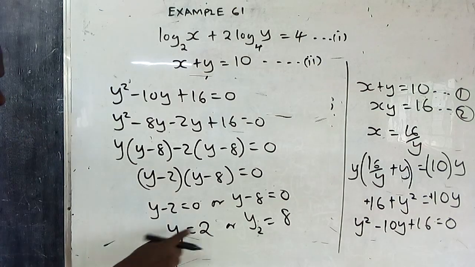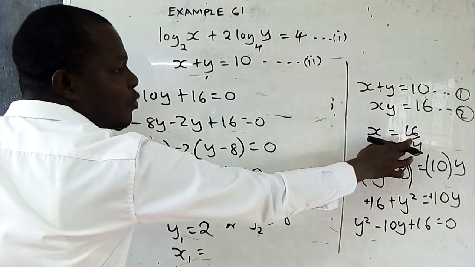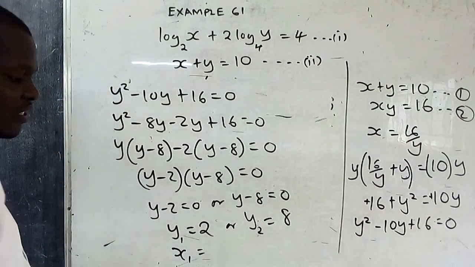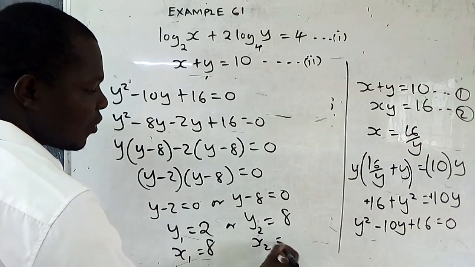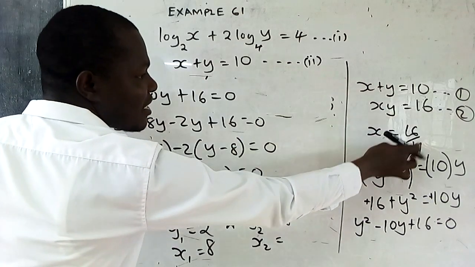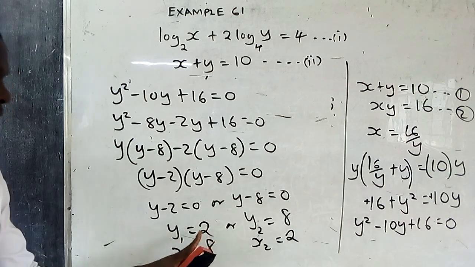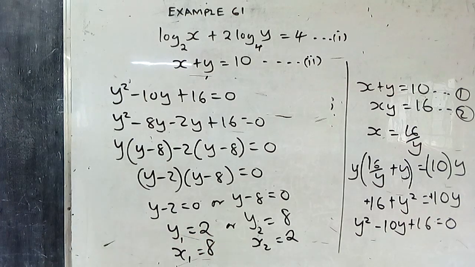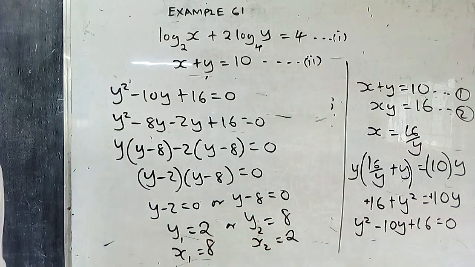So when y is 2, x is 16 over 2, which is 8. Or when y is 8, x is 16 over 8, which is 2. So the two solutions are: when y is 2, x is 8, and when y is 8, x is 2.